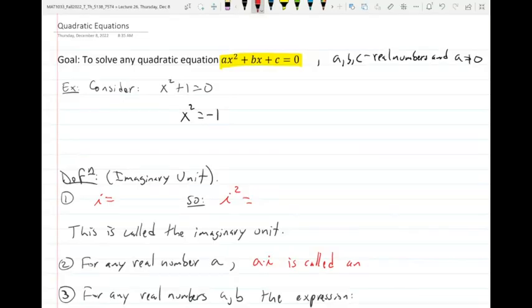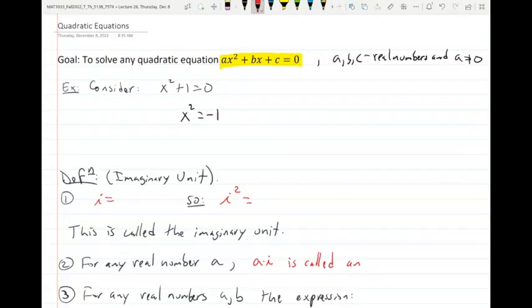So if you wanted to solve this, then naively you would say, okay, x is something whose square is -1. In other words, x is the square root of -1. Remember, square root means something so that when you square it, you get the number.